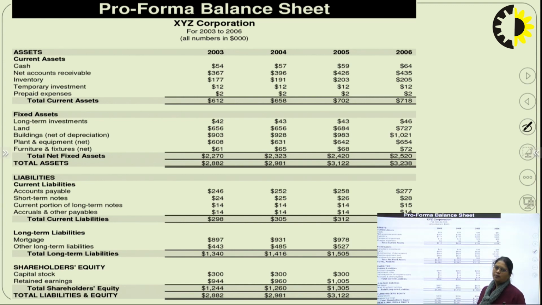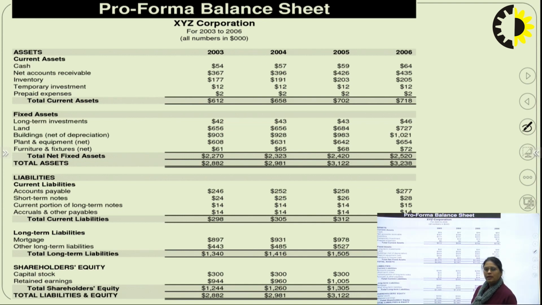On the left side of the balance sheet, we write the current assets and the fixed assets of the company, and on the right side we put the value of current liabilities and the long term liabilities.